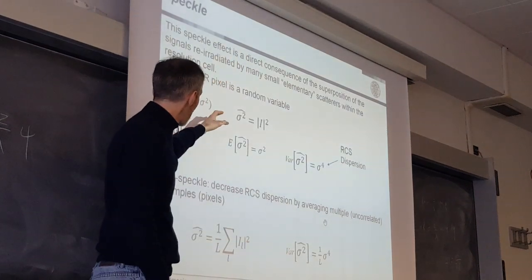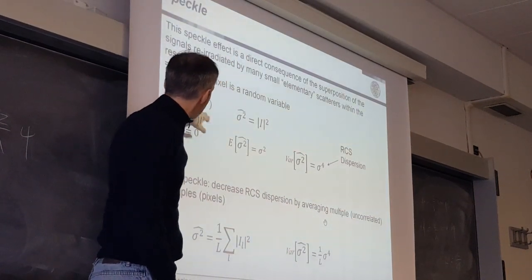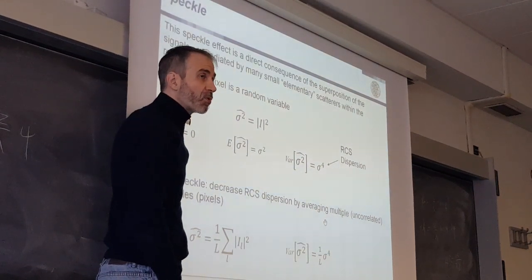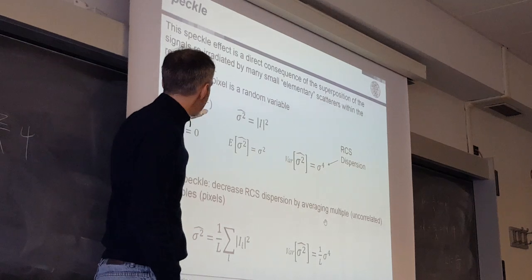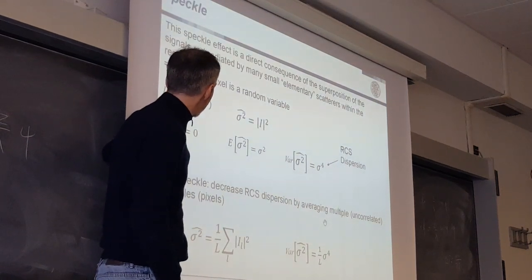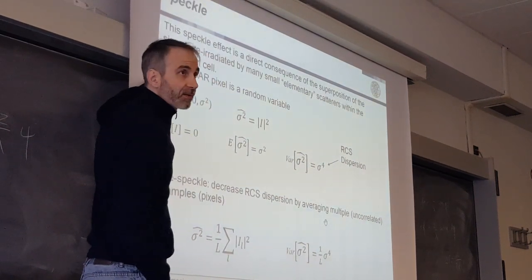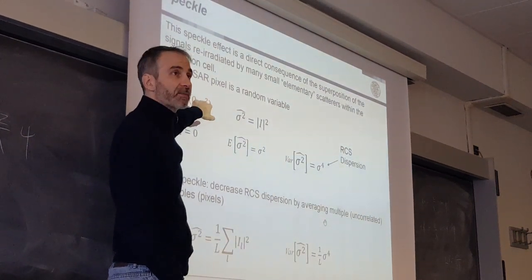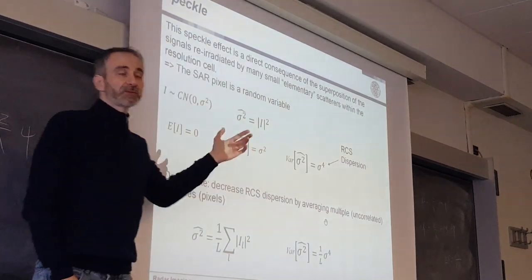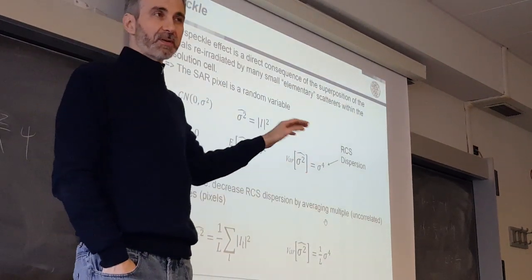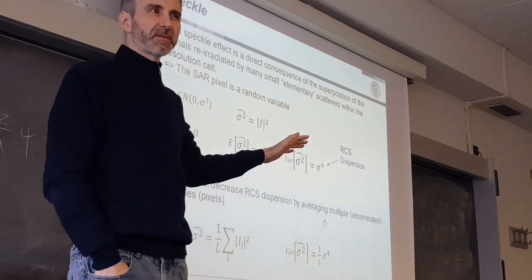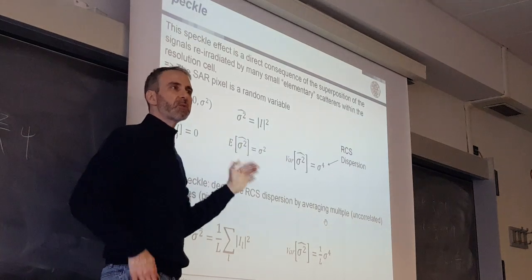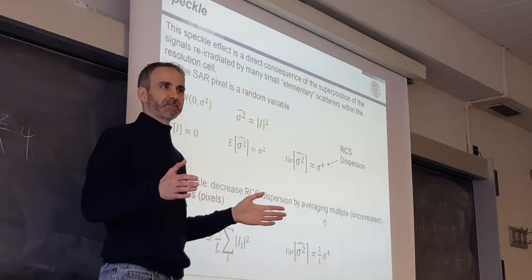Well, taking the average would not make much sense, because you would get 0. But you know that the expected value of the square of your pixel is sigma squared, which is connected to the radar cross-section of your target. So if you could get the expected value, then you would have a stable signal, right?